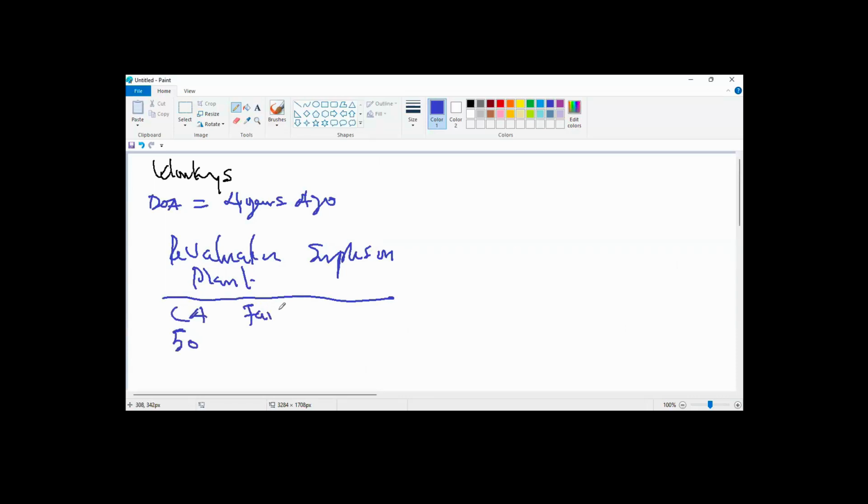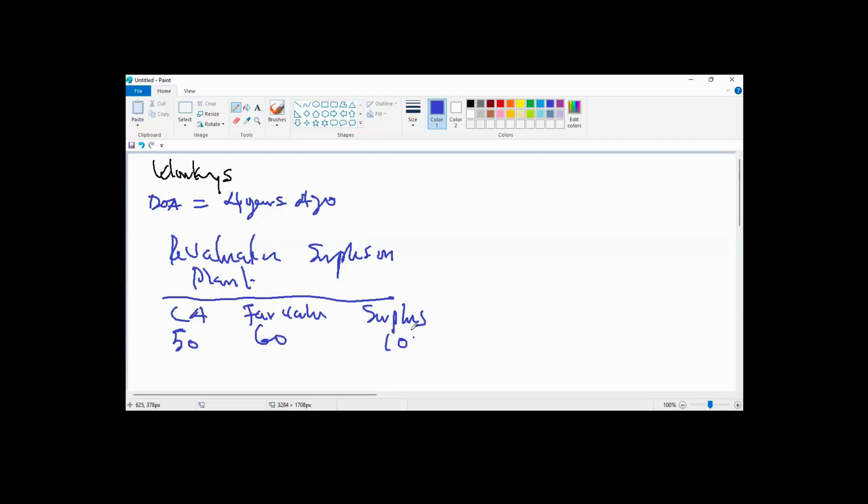Fair value, 60. Is it a surplus? Yes, it's a revaluation surplus.